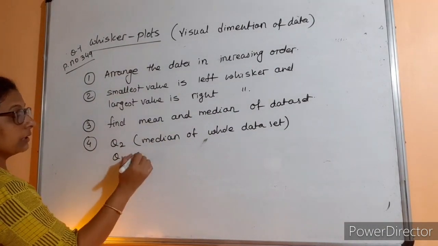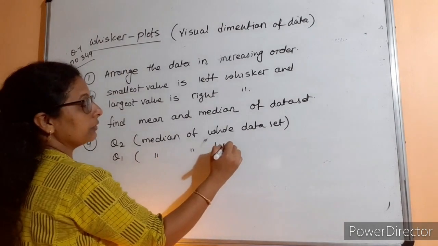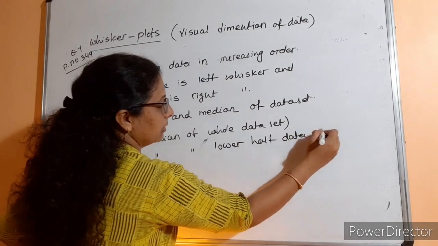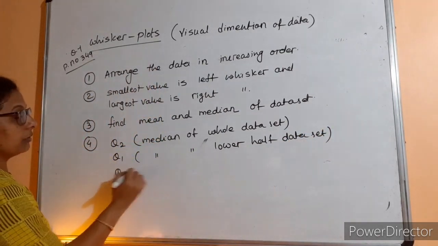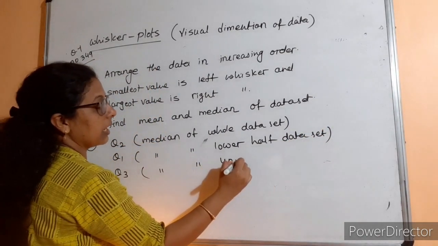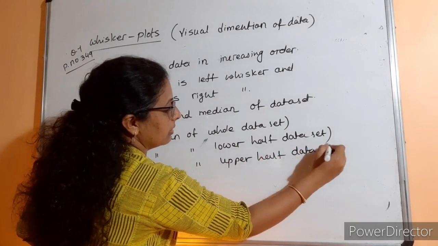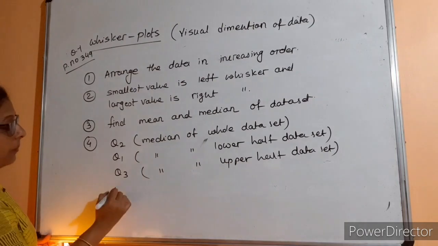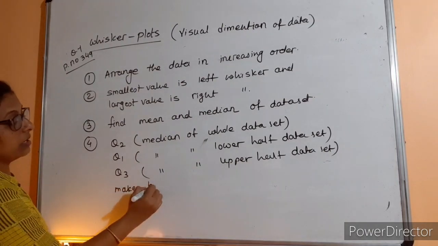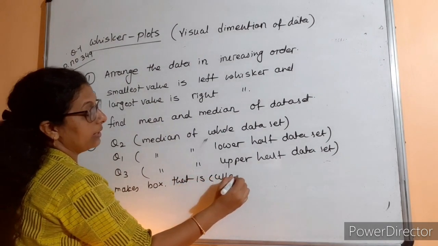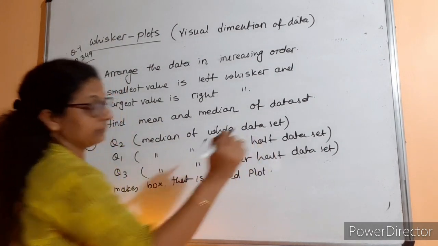Then Q1 is the median of the lower half of the data set, and Q3 is the median of the upper half of the data set. Right? Then make a box. That is called the box plot.